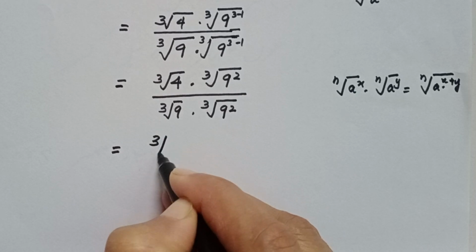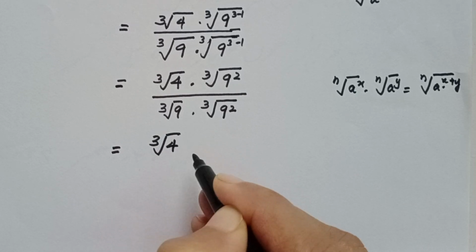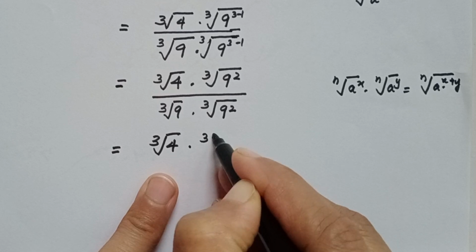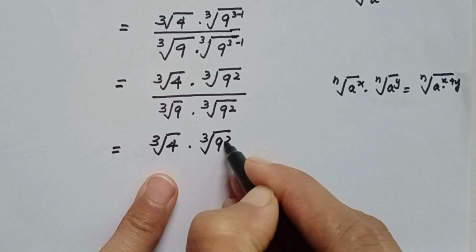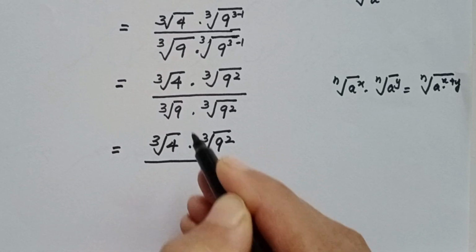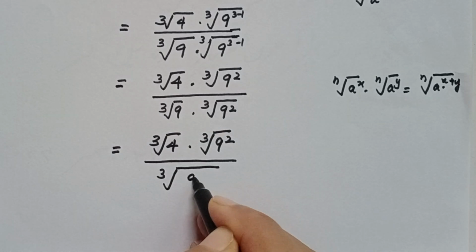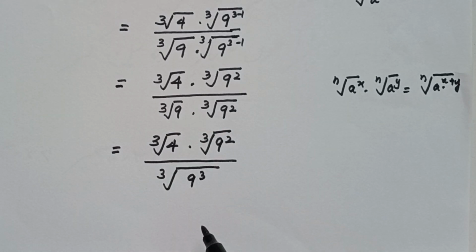We will write the third root of 4 into the third root of 9 to the power 2 over the third root of 9 to the power 3.